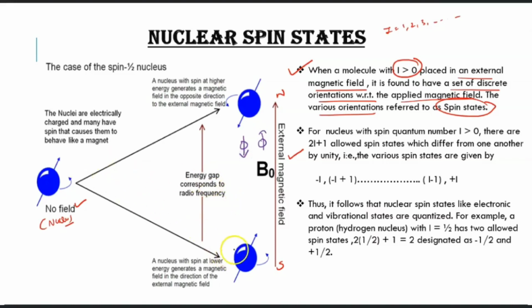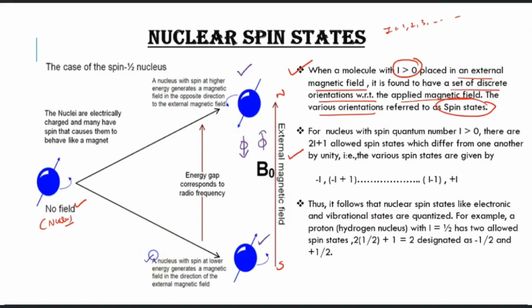So if it moves in the parallel direction with respect to the external magnetic field, the precessing nucleus will go to the lower energy state. That particular precessing nucleus which orients itself parallel to the external magnetic field goes to the lower energy state, and if it is anti-parallel, that will go to the higher energy state.